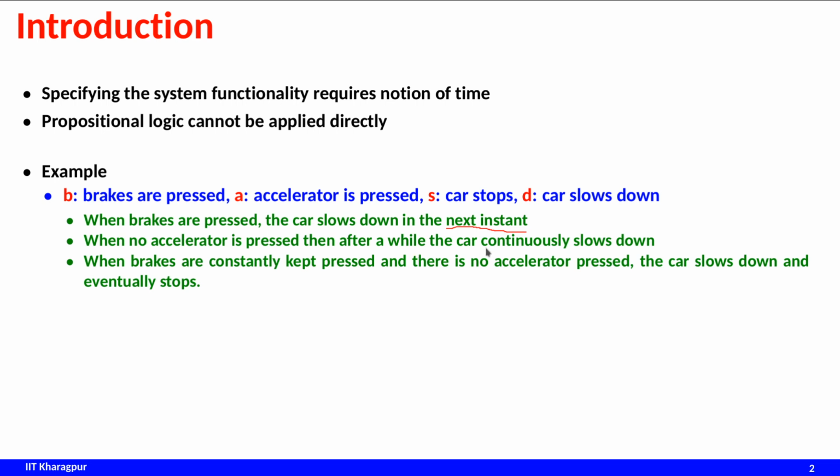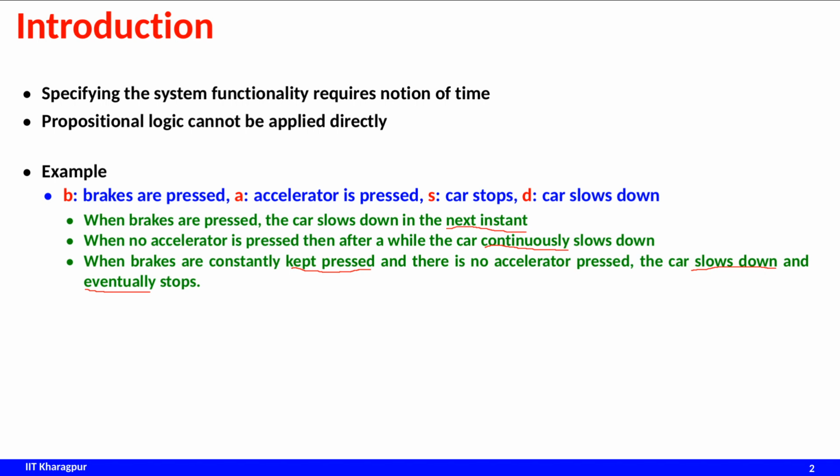So how can we specify this continuous behavior in our modeling? The third one: when brakes are constantly kept pressed and there is no accelerator pressed, the car slows down and eventually stops. So I have to specify that the brake is kept pressed, then the car slows down, and another timing notion we are introducing is that eventually it stops.